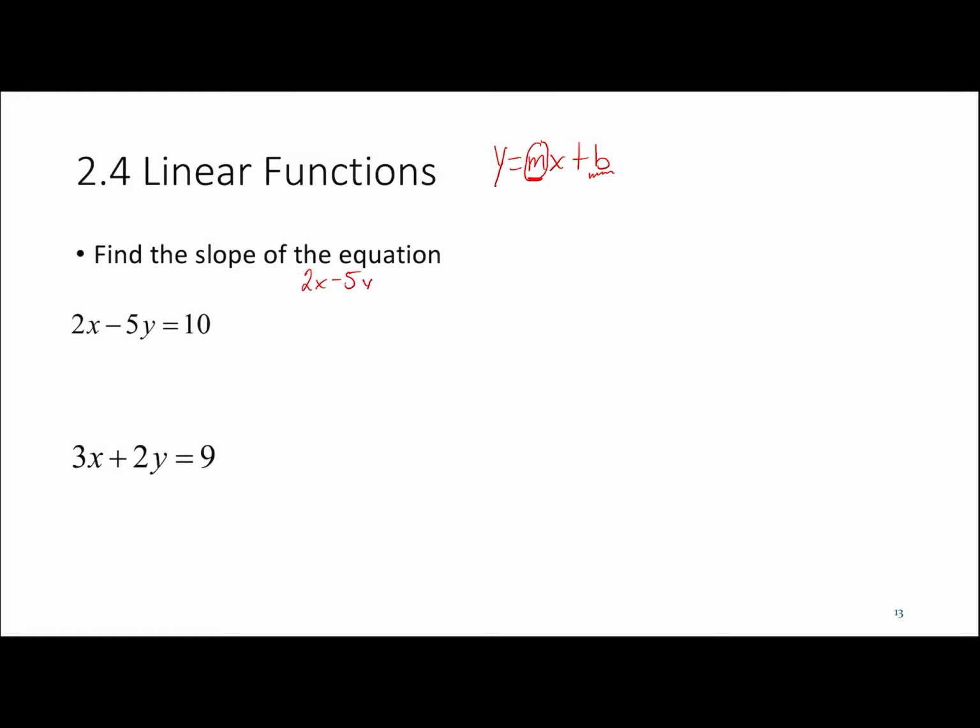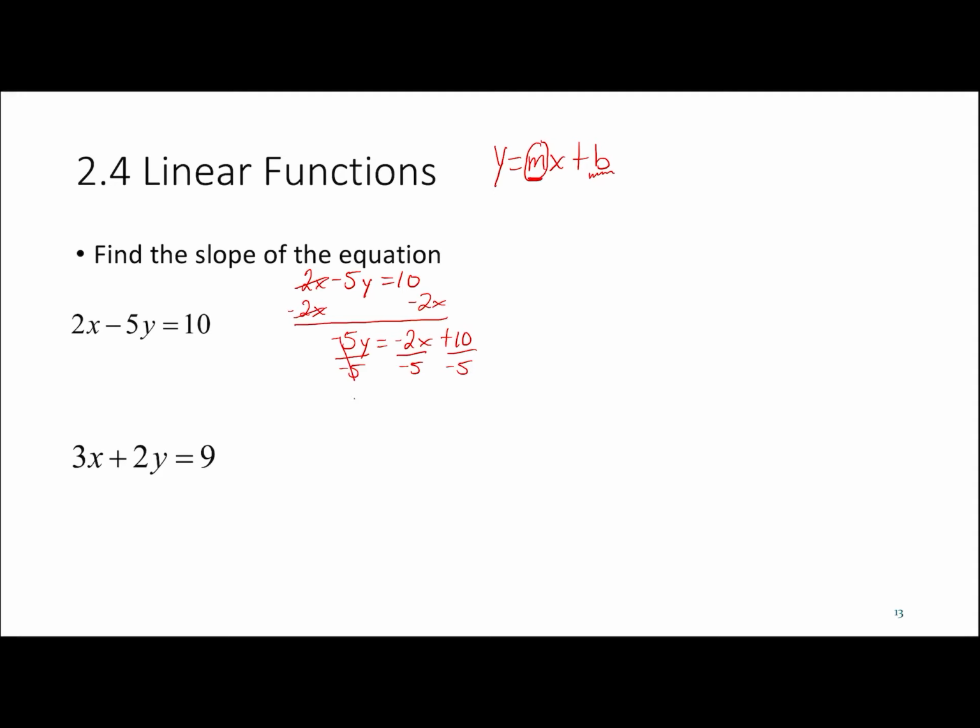And so what we're going to do here is we're going to take this equation, and I'm going to rewrite it so I have a little more room. And we need to solve for y. And so to do that, we're going to move that 2x, that whole term, to the other side. And so we'll subtract it. And so 2x minus 2x is 0, which is what we wanted to happen. And we get negative 5y is equal to negative 2x plus 10.